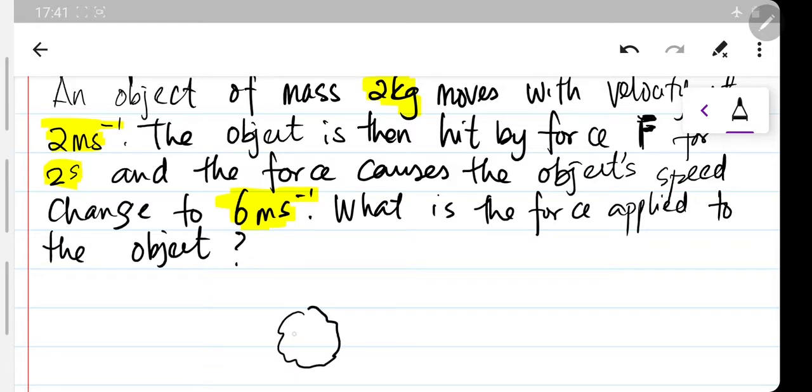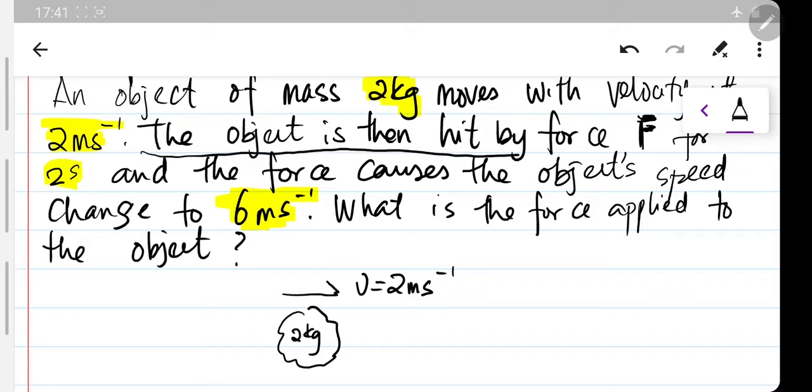So this object, 2 kilogram, moves from left to right with velocity 2 meters per second. Now, this sentence, the object is then hit by force. So maybe you think about from which direction that force hit the object. Is it from the opposite direction or from the same direction?